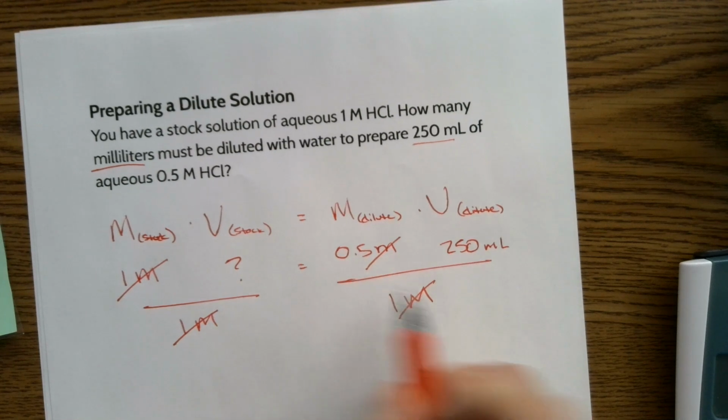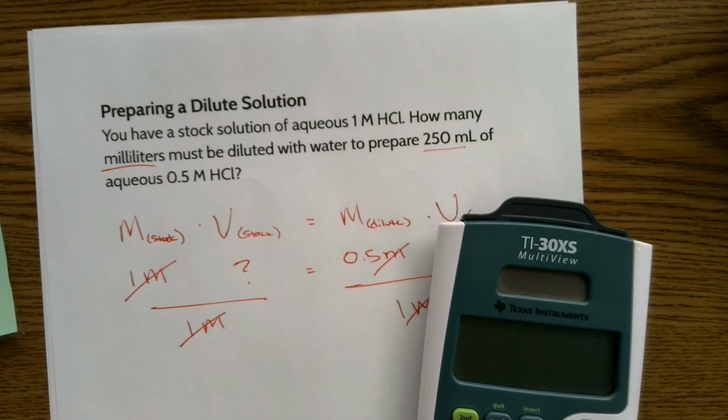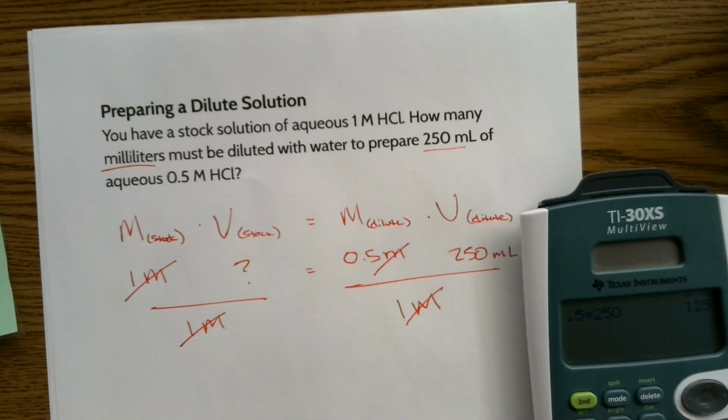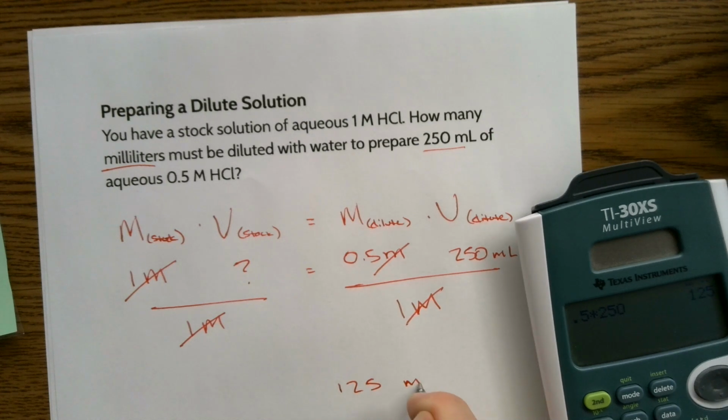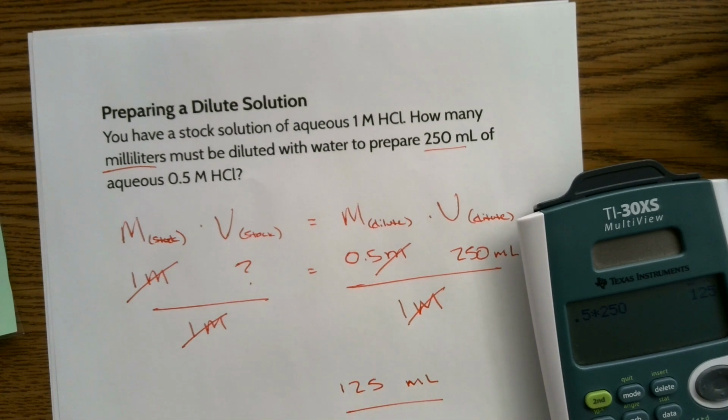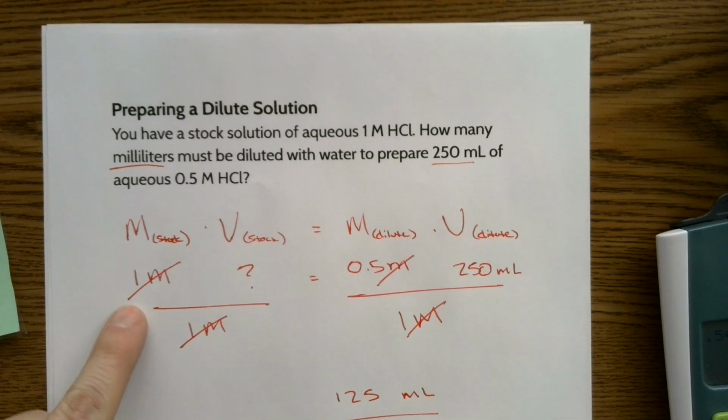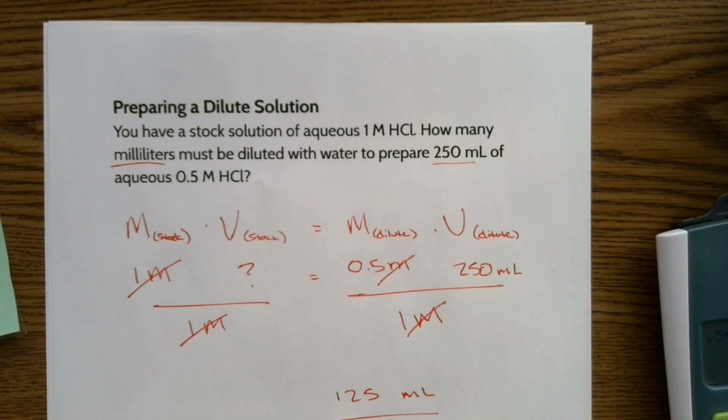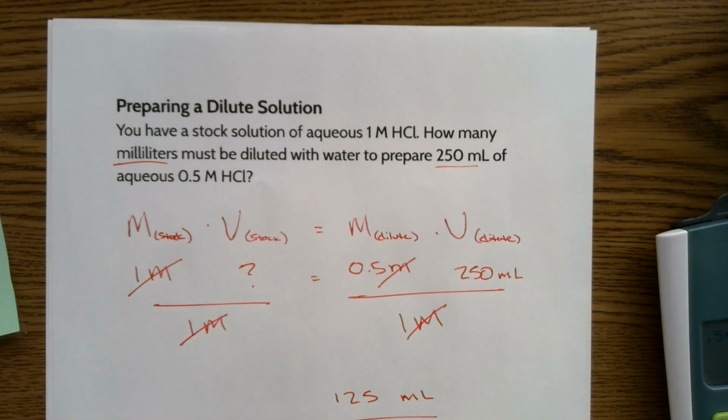So we do 0.5 times 250. That gives me 125. If I have a 1 molar solution, I need to pull out 125 milliliters.